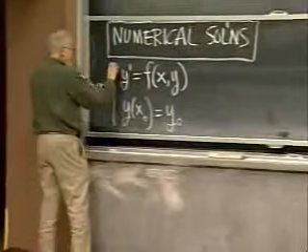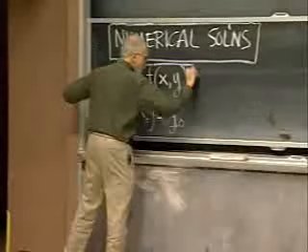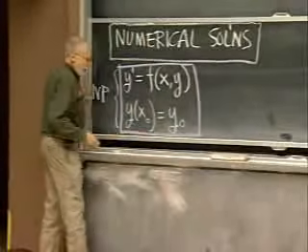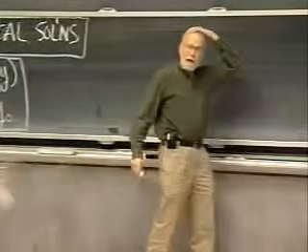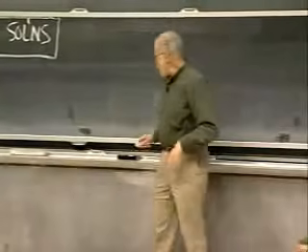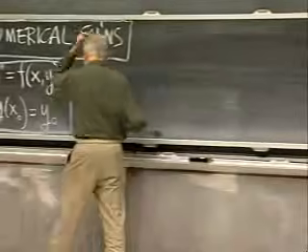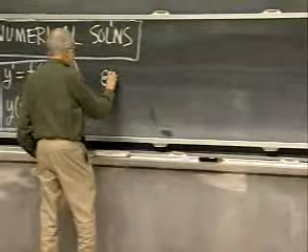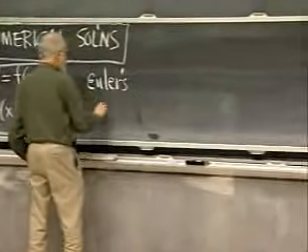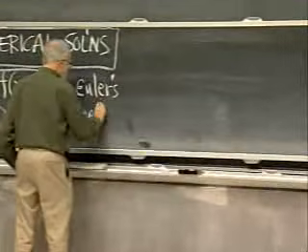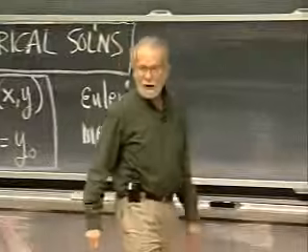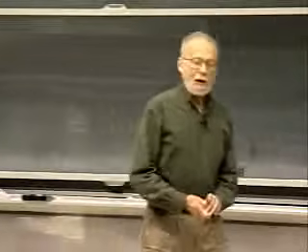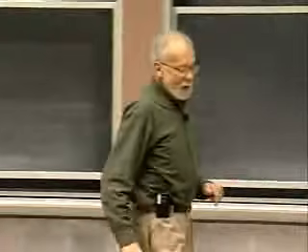Now, the method we're going to talk about, the basic method, of which many others are merely refinements in one way or another, is called Euler's Method. Euler, who did, of course, everything in analysis, didn't, as far as I know, actually use it to compute solutions of differential equations.